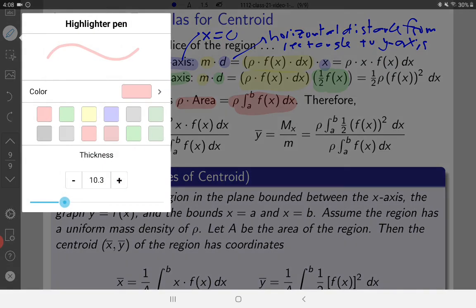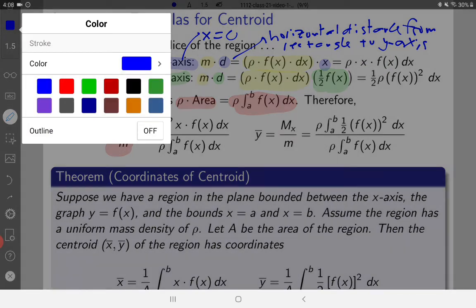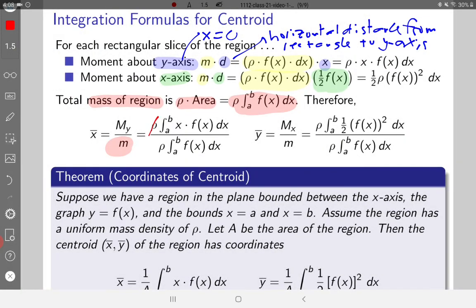And hey, lo and behold, after all of that, it turns out that the density didn't matter. What really mattered to us was that it was constant. That allows us to do all of these simple things that we're doing. I don't even want to get into how we would have to deal with a density that's changing over the region. Assuming it's constant makes all of this even more manageable.